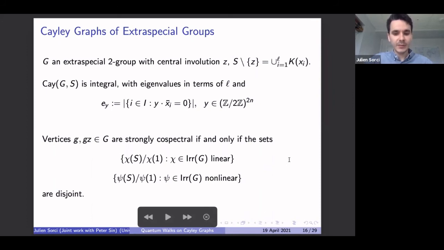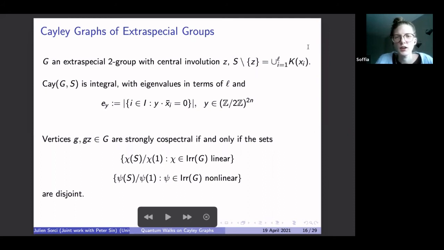And this is great because for these extra special two groups, there's exactly one nonlinear character and the rest are linear characters. And so the second set down here just contains one element. So it seems rather simple to determine when two vertices are strongly cospectral.